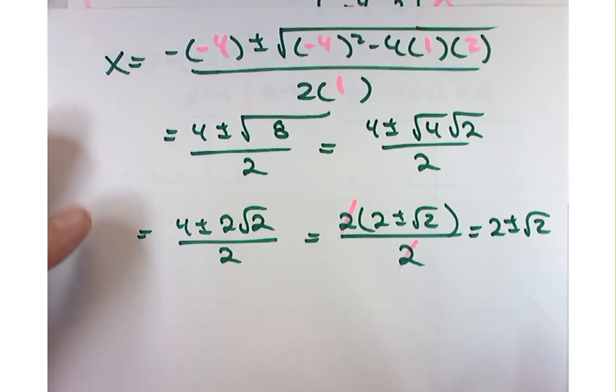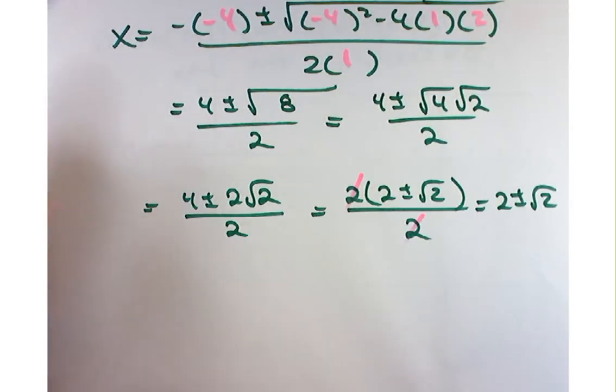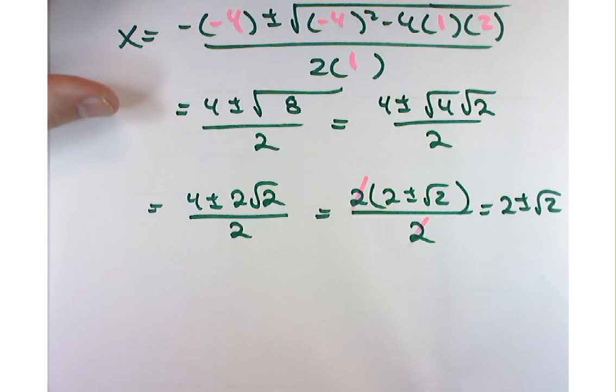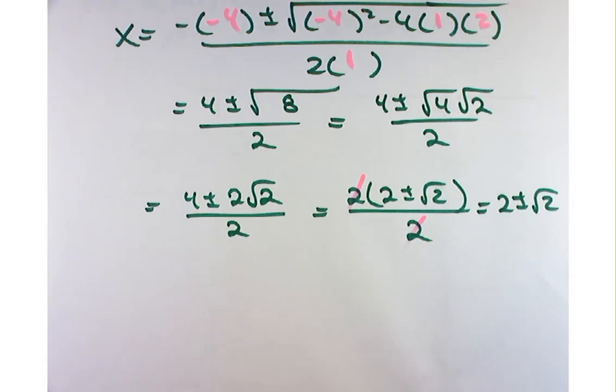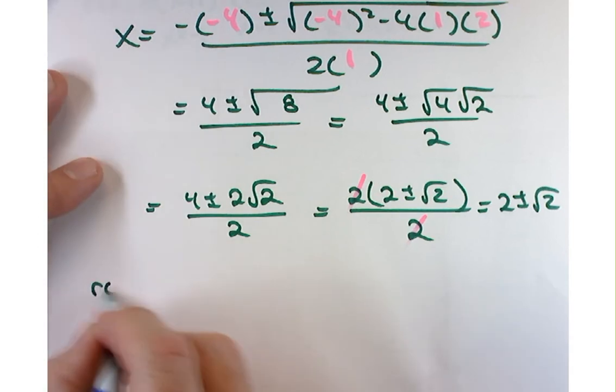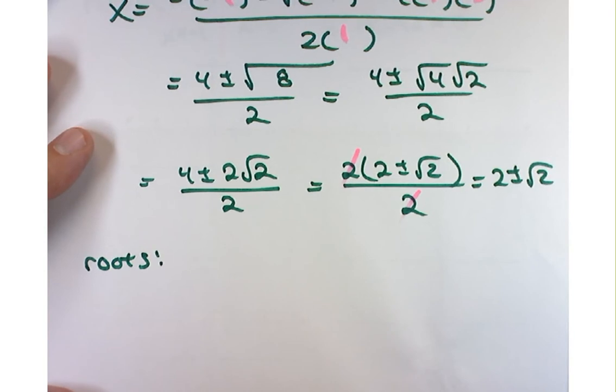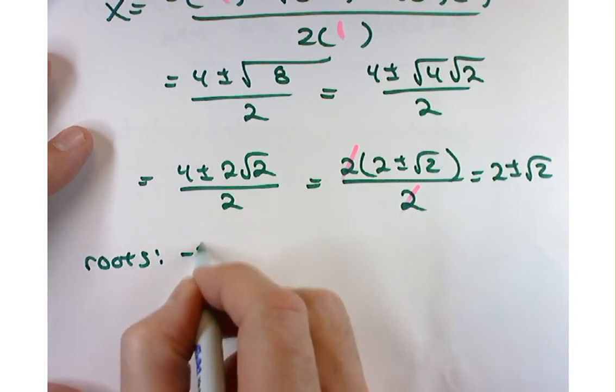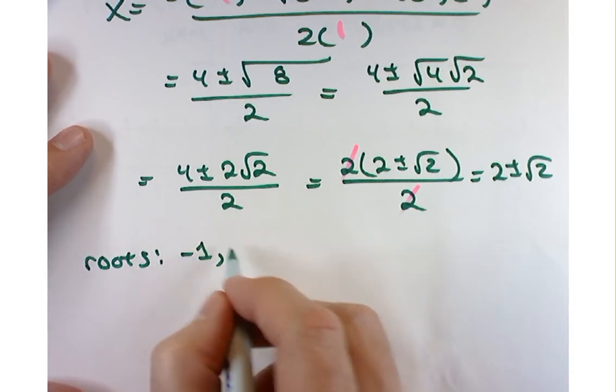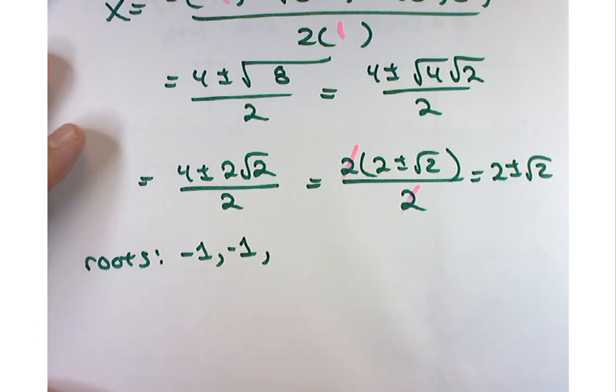Yay! Sort of. It's a long one, all right? But we've now got all of our roots here. So the final tally on our roots would have to go like this into WebAssign. We had a root at -1, and in fact, we had a root at -1 twice. So you have to list them both with a comma. -1, comma, -1.